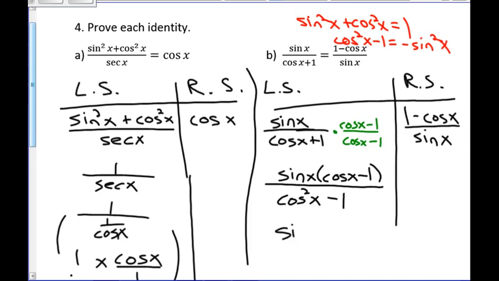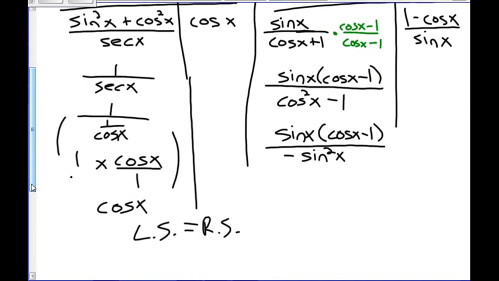So now I've got sine x times cos x minus 1, all over negative sine squared x. Here's where we can start to divide. A sine x over a negative sine squared is going to give us this. So we have cos x minus 1 over negative sine x. We're almost there.